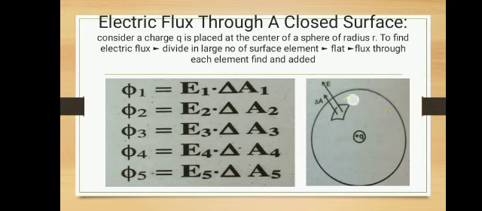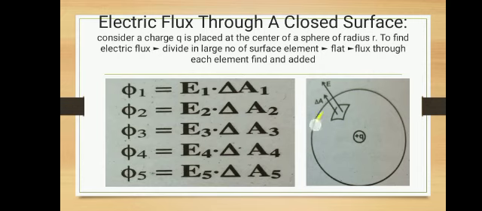Suppose this flat patch area is delta A. Delta means small, and the electric field passing through the area is represented by E. So E and delta A both have the same direction. Here, A is vector area. There are two things: one is area and the second is vector area. Vector area shows direction. The angle between vector area and electric field intensity is zero; both are parallel to each other.